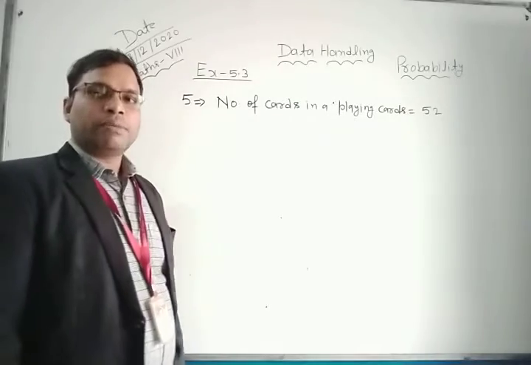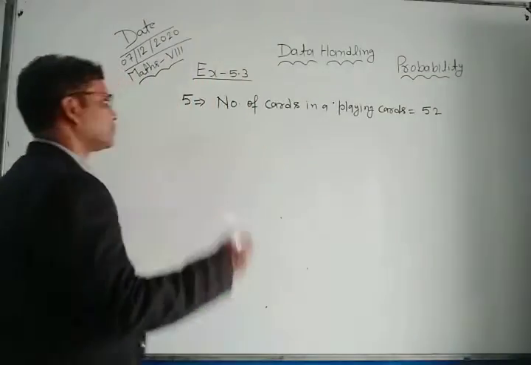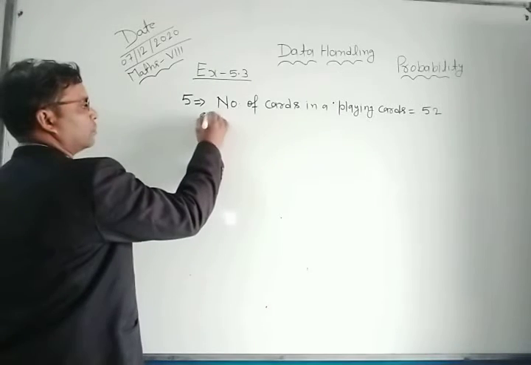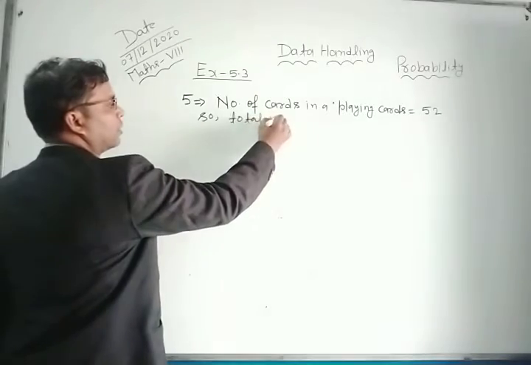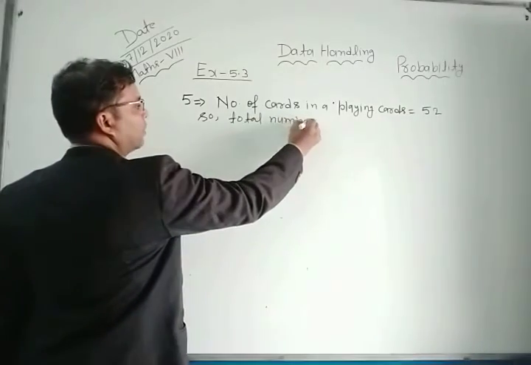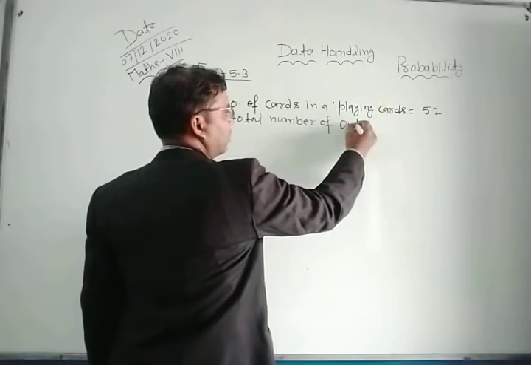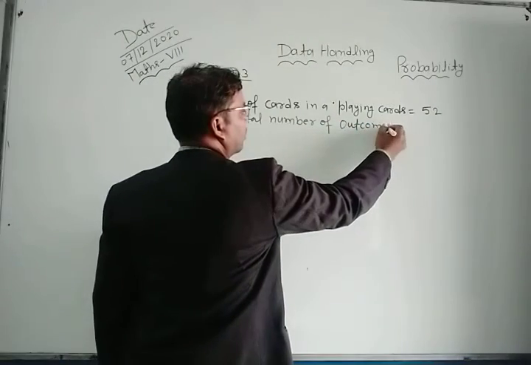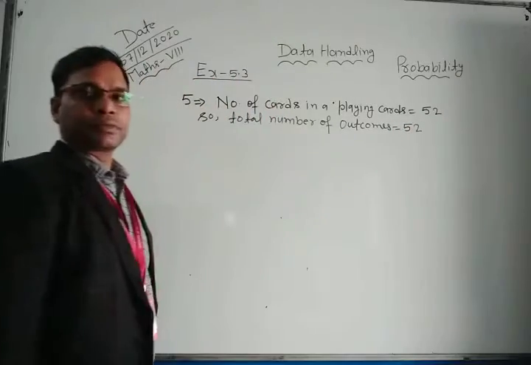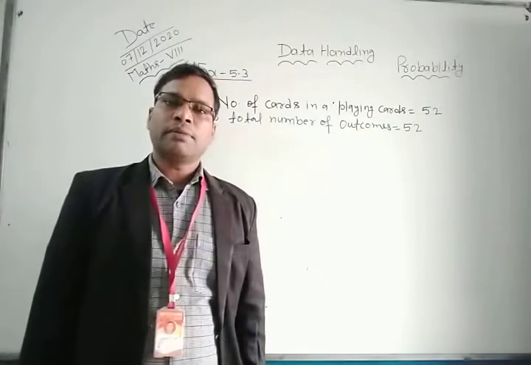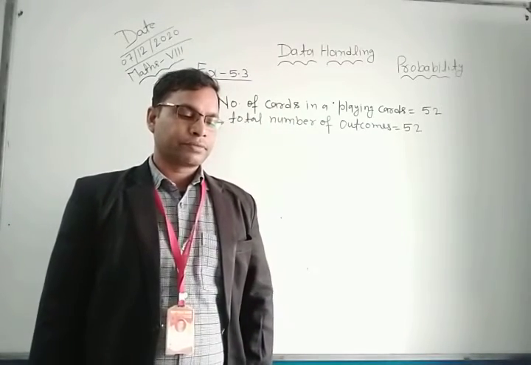So you can see the total number of outcomes is equal to 52. Total number of outcomes is equal to what? 52. Okay, this is clear.